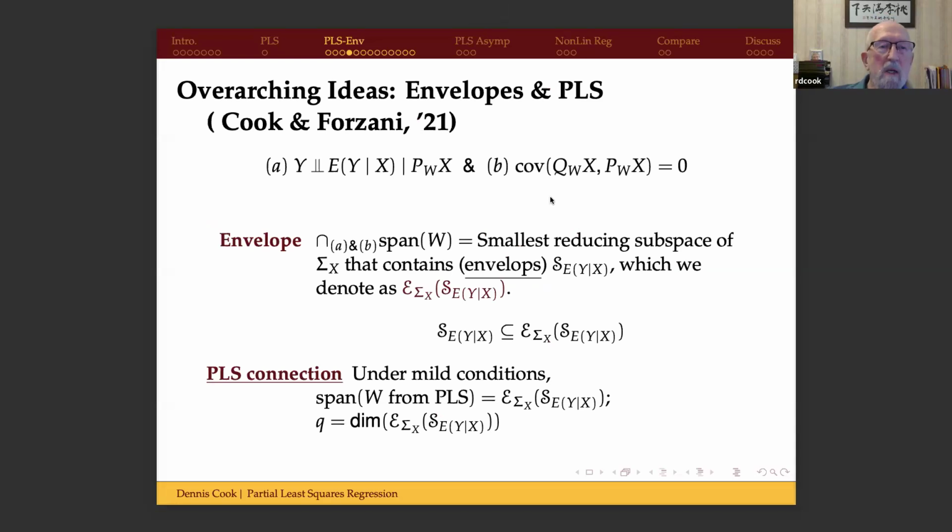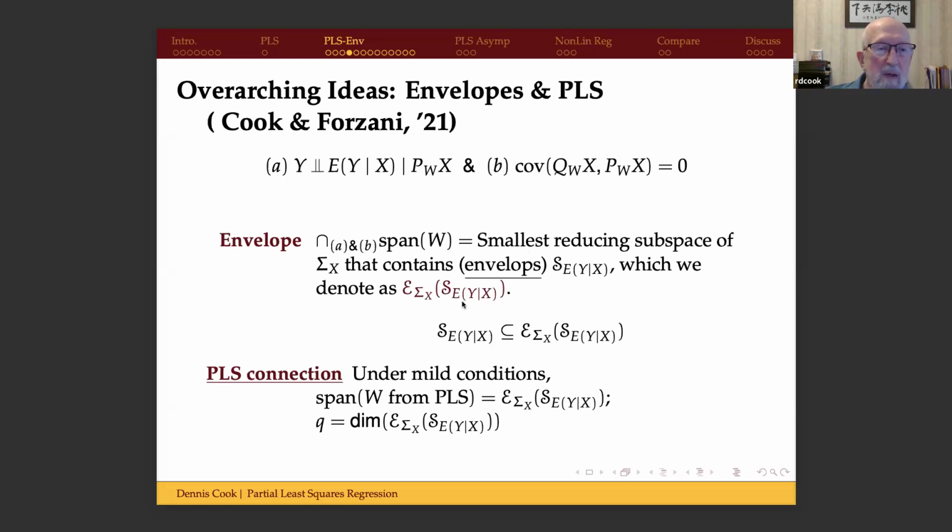That brings us to a relatively new idea where we have two conditions. Condition A is for the central mean subspace. Condition B handles collinearity. Now we take the intersection over all the spans of W that satisfy A and B, and that turns out to be the smallest reducing subspace of sigma X that contains, that is, envelops the central mean subspace.